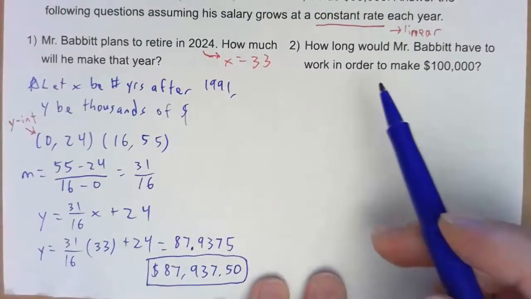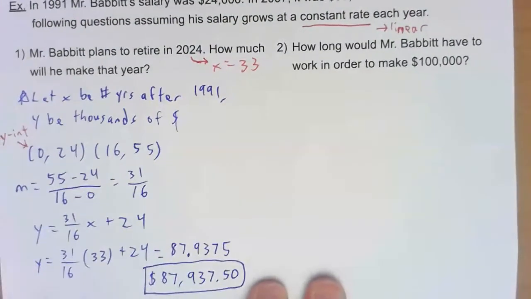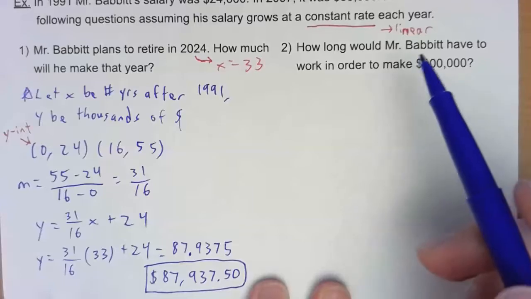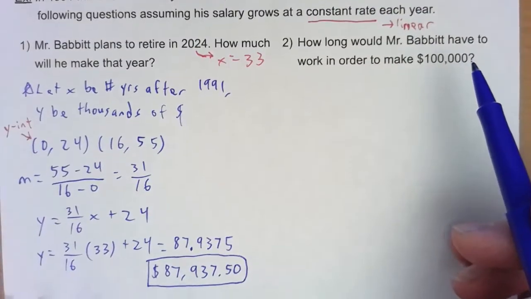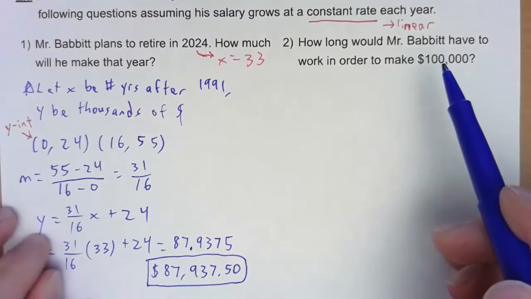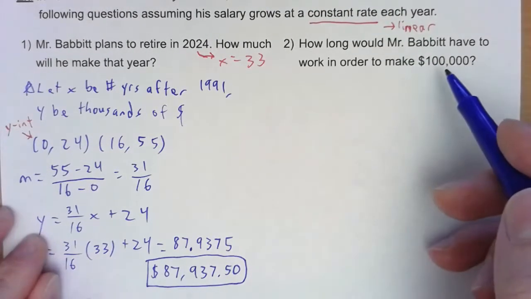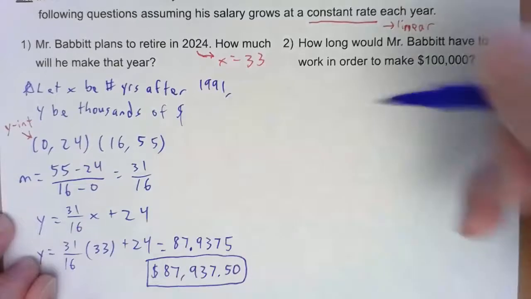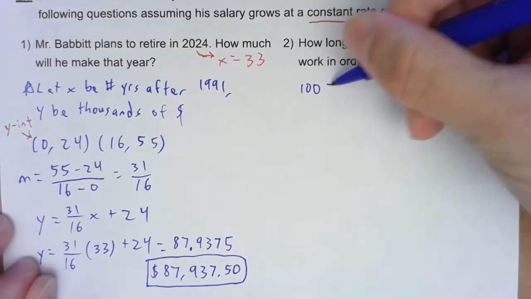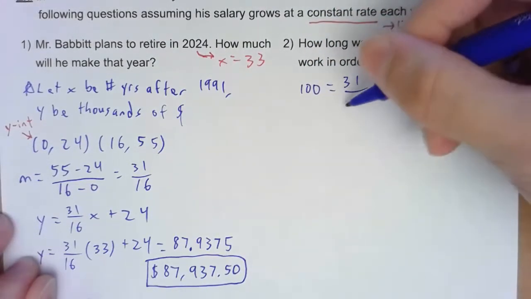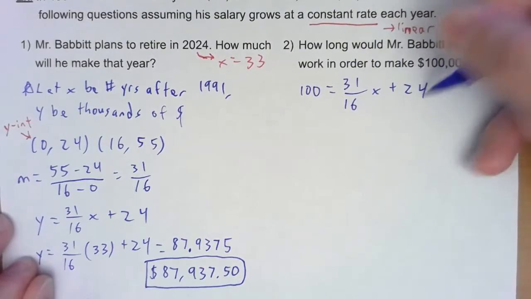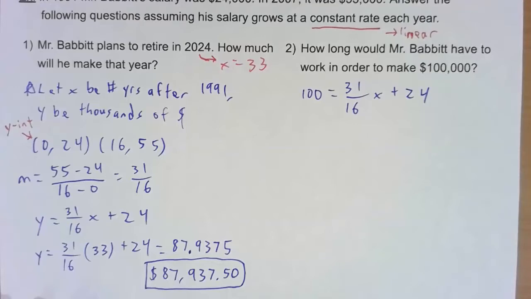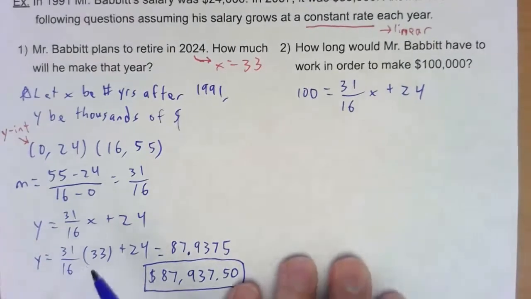Now, if I want to see how long you would have to work to make $100,000, well, now this isn't a value for X that I'm looking at. This is a value for Y. And of course, I made Y be thousands of dollars, so I'm just going to look at the 100. Now I'll substitute the 100 for Y. And then I'll solve for X. Of course, you could fraction bust if you wanted to here.